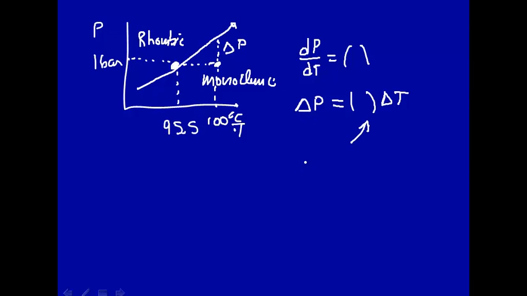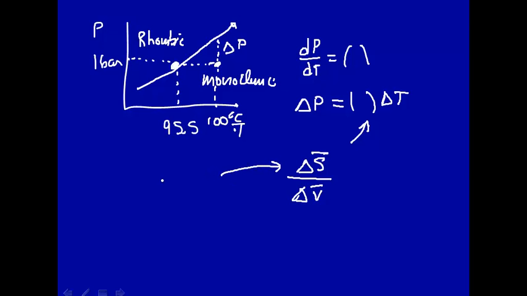Well, you remember that was the partial molar entropy change divided by the partial molar volume change. So that's the proportionality constant between pressure and temperature. Essentially, it's the slope of this line. So let's get busy and calculate it.